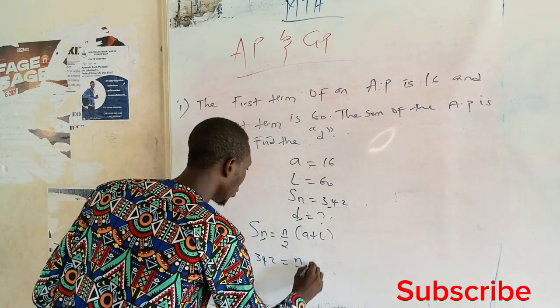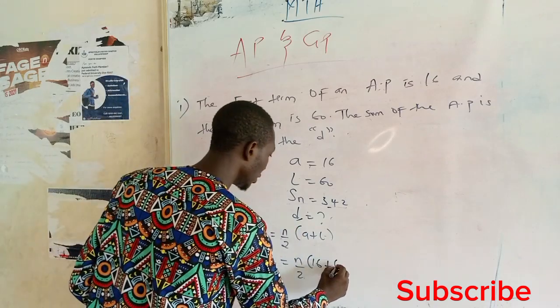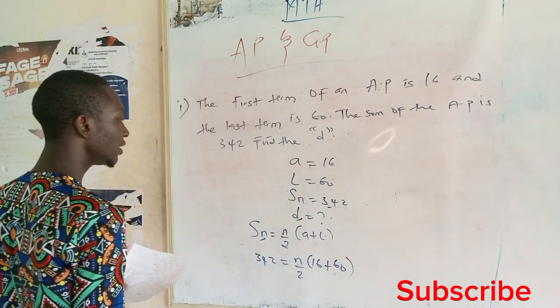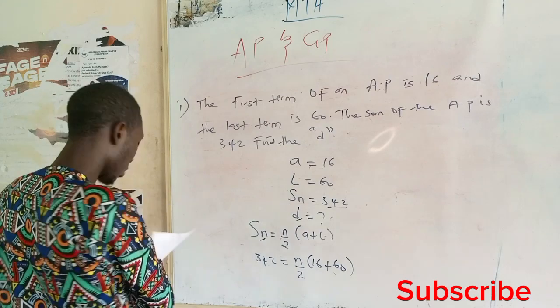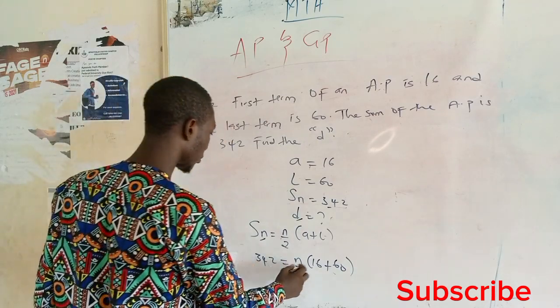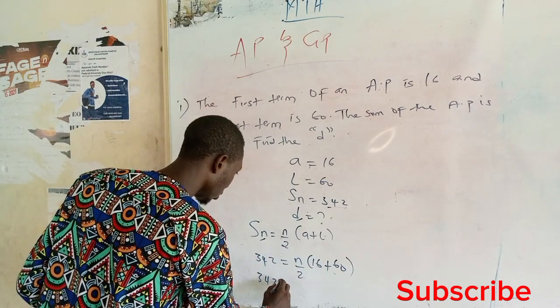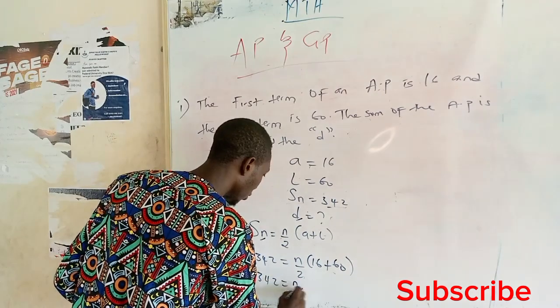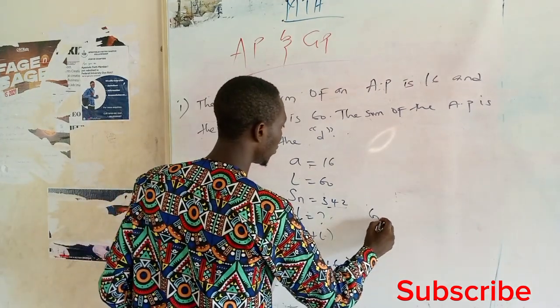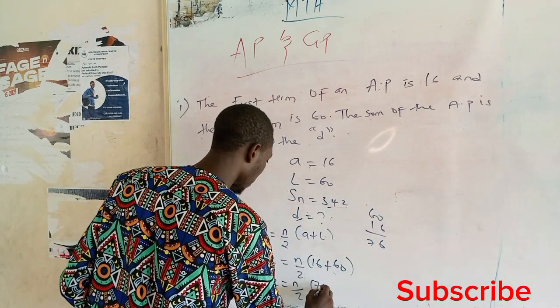Our n we don't know. a is 16 plus l is 16. So we have 342 equals n over 2 times 16 plus 16 is 32.